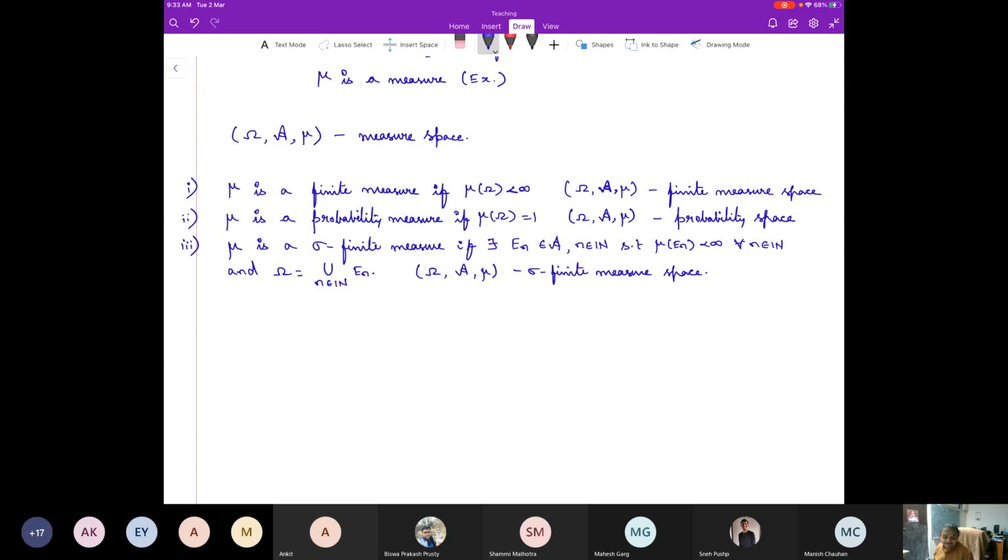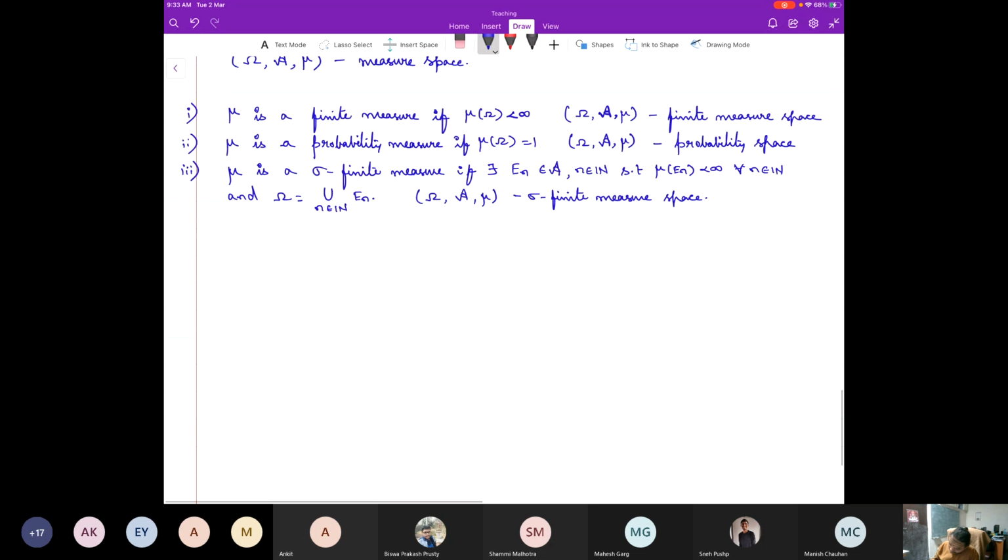So these are the terminologies that we are going to use in measure theory. These are very standard in measure theory, and these are the corresponding terminologies in probability. One is the set omega. Here they call it the sample space.